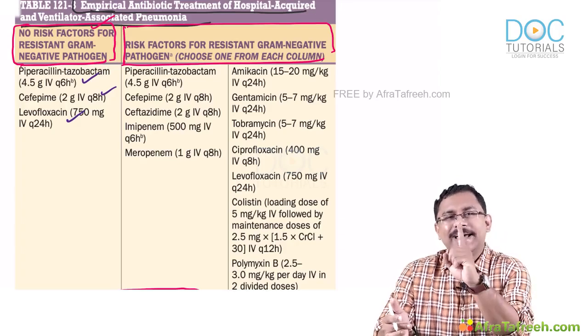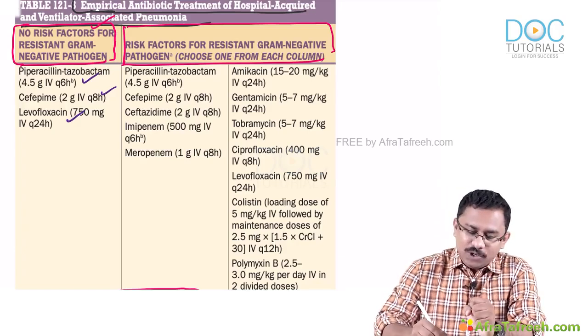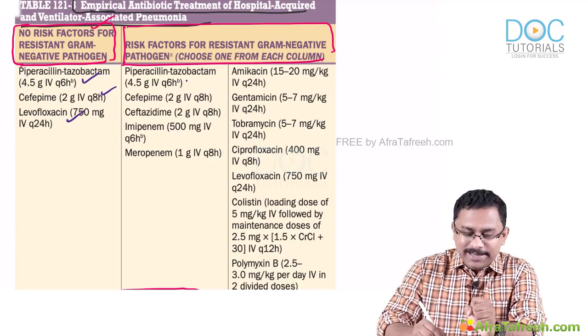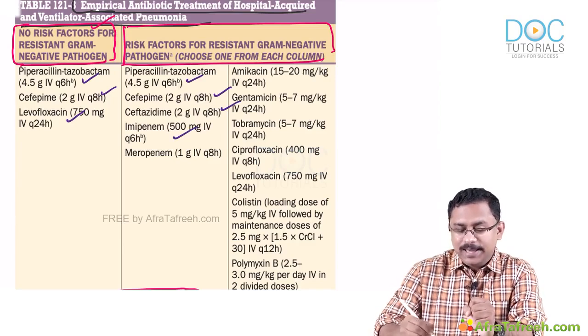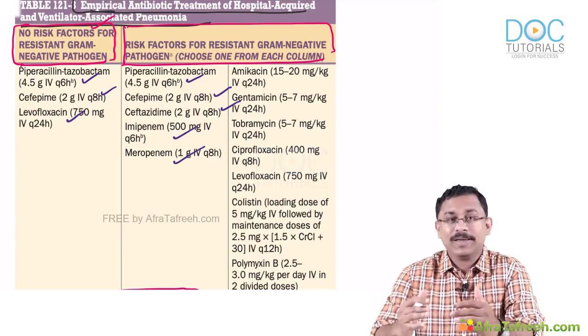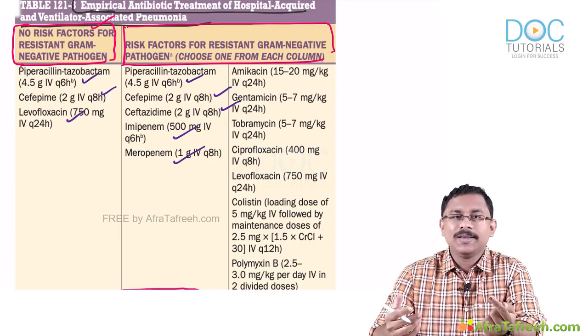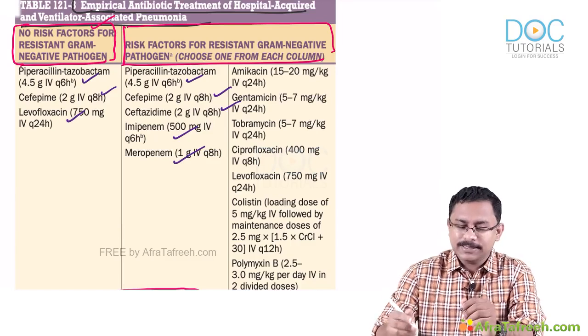So in that scenario you will have to go for 2 drugs minimum. You have got to choose one from each of these tables. It can either be piperacillin tazobactam, cefepime, ceftazidime, imipenem, or meropenem. Either of these antibiotics, you can choose one, because they have more or less a similar spectrum of action.